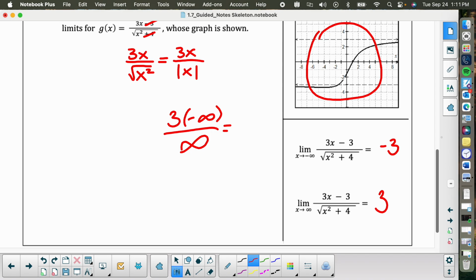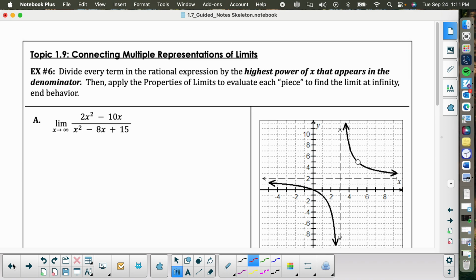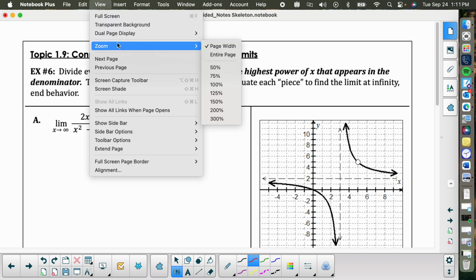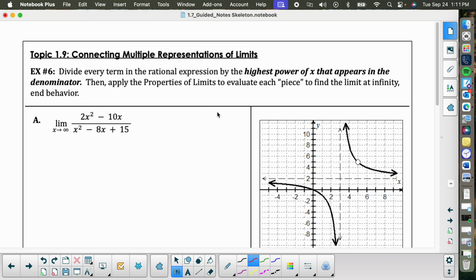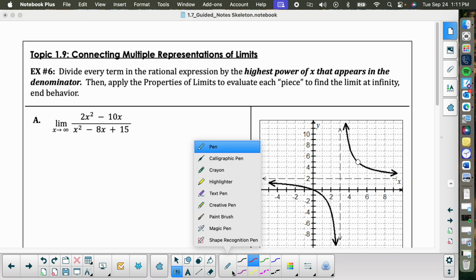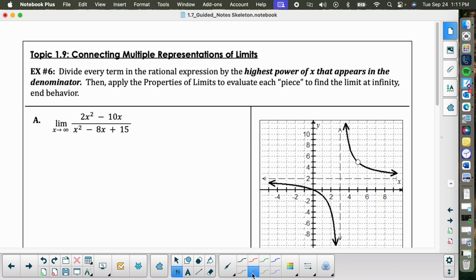Okay, very quickly, I will show you the method the book uses, because some people absolutely think that makes way more sense, and I'm fine with that. I don't take it personal that people don't like my methods. If you are doing an infinite limit, the method the book, or packet, gives you is to divide by the highest power.